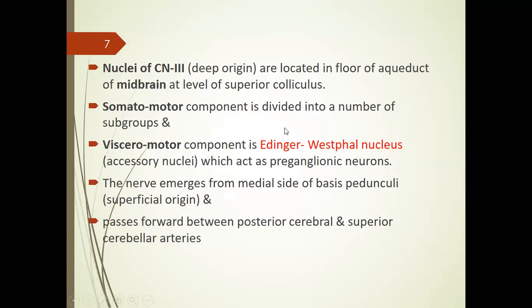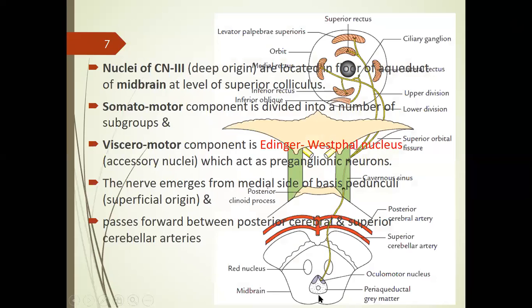Now position of third cranial nerve is in the floor of aqueduct of Sylvius or ventral to aqueduct of Sylvius in the midbrain at the level of superior colliculus. This is aqueduct of Sylvius, and this area is called periaqueductal gray matter.